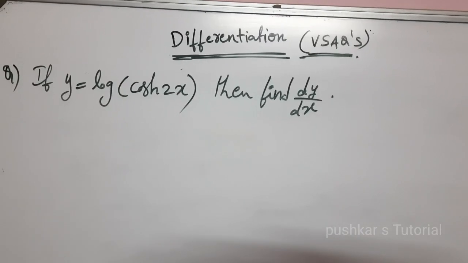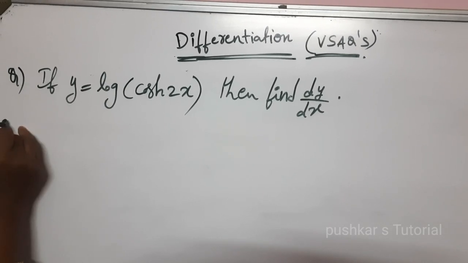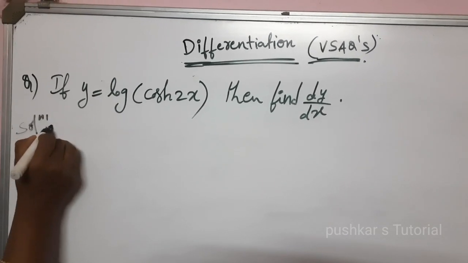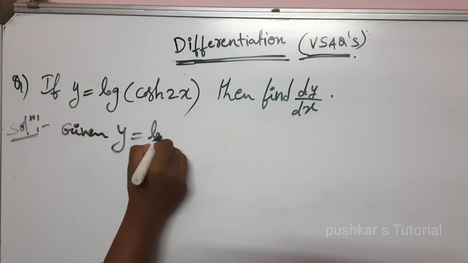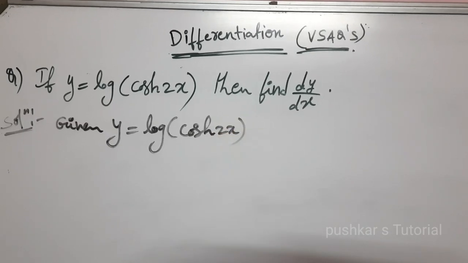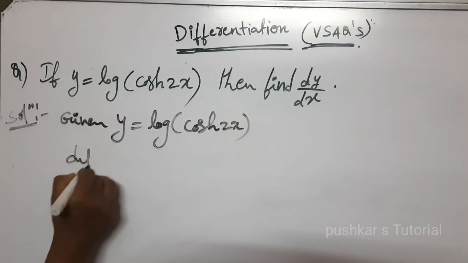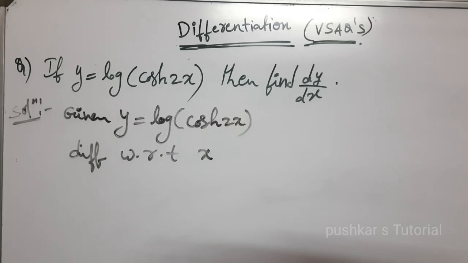If y is equal to log of cos h 2x, then find dy/dx. Solution, here given y is equal to log of cos h 2x. Do differentiation with respect to x.